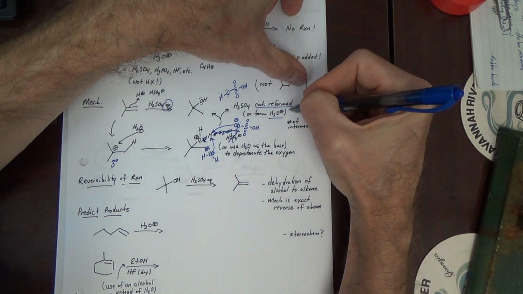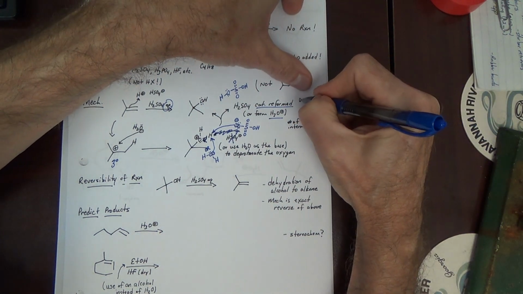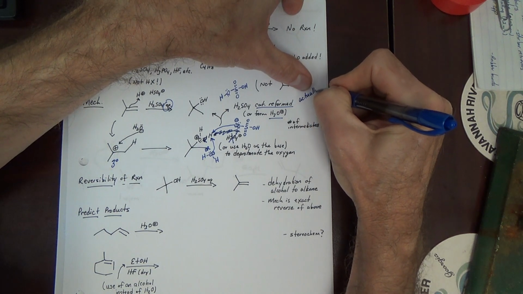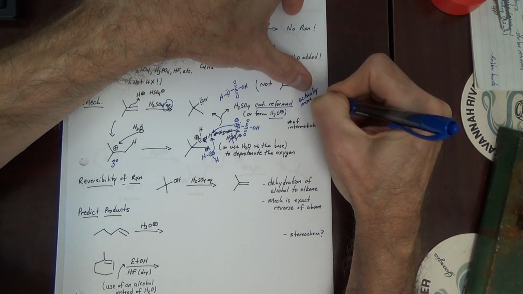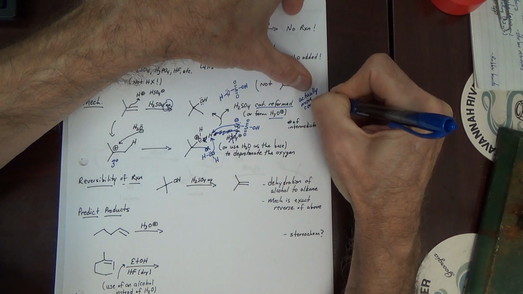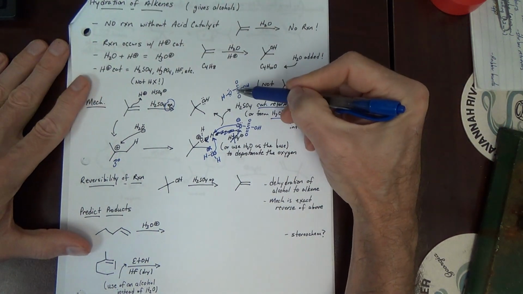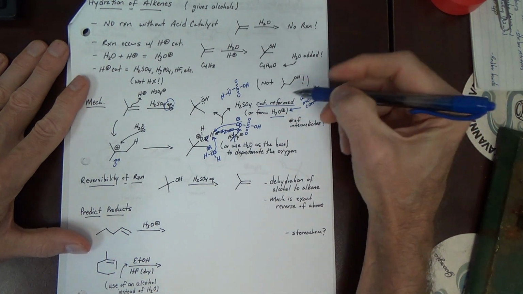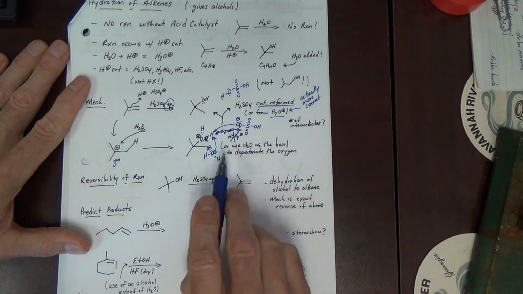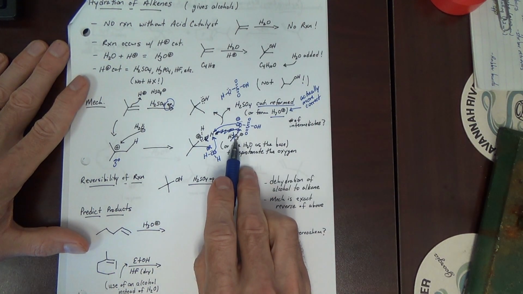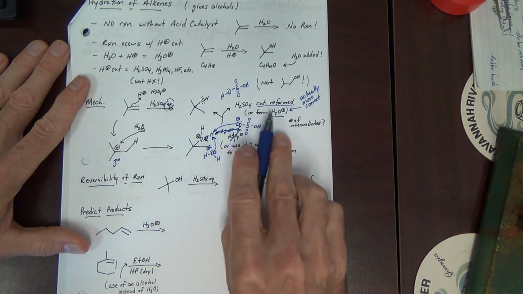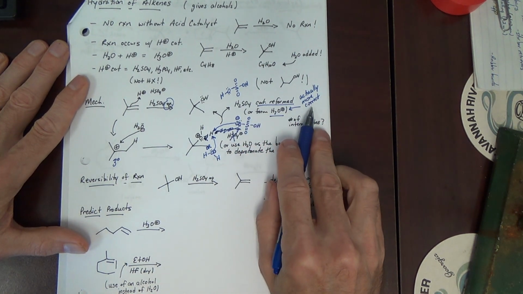That's actually more correct. Because, how does sulfuric acid exist in water? Well, it exists as H3O+ and HSO4-. So if you form that, you're actually and strictly more correct.